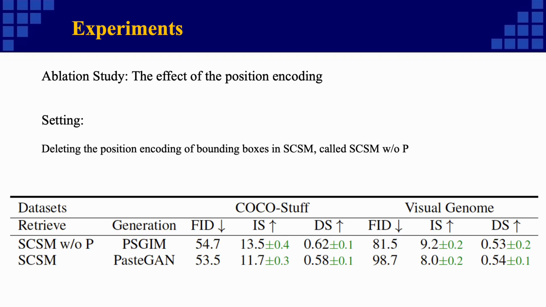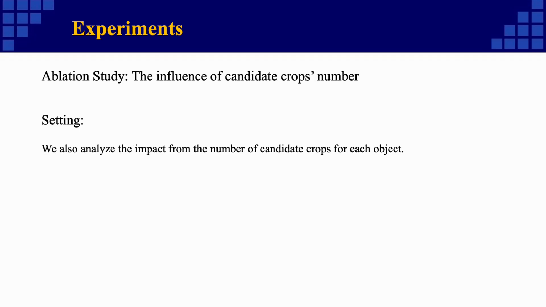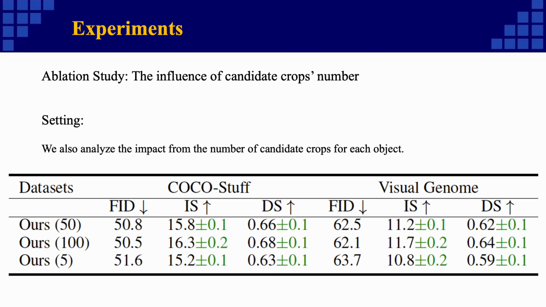This setting is called SCSM without P. The results shown in this table also show that removing the position encoding causes a decrease in performance. Moreover, we also analyze the impact of the number of candidate groups for each object. As shown in this table, the performance is improved a little since our retrieval module will prefer sequentially choosing the candidate group that has a higher rank after retrieval.